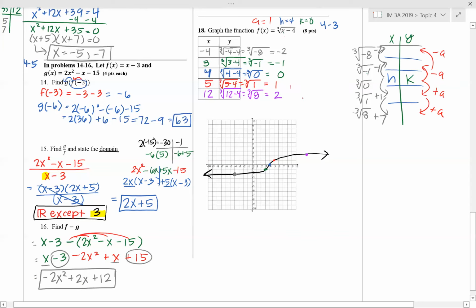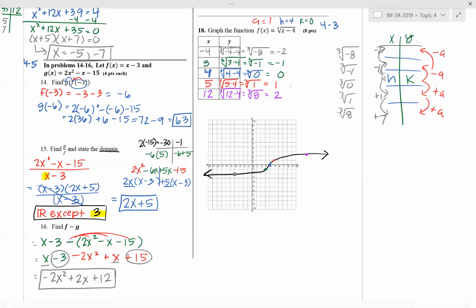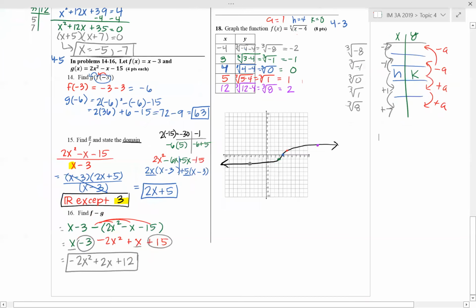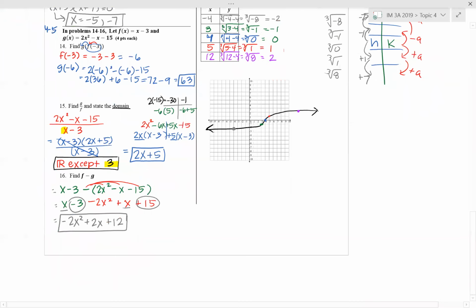So that's our generic equation table for a cube root function. Because I'm looking for these perfect cubes, my pattern is 1, 7 instead of 1, 3. So whatever helps you do the graph. That is the final type of question, aside from the bonus, which you won't see a preview of for the topic 4 test.